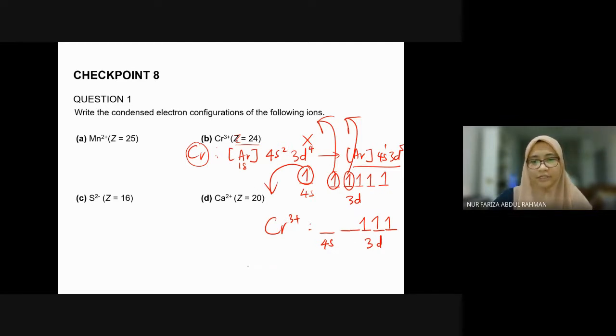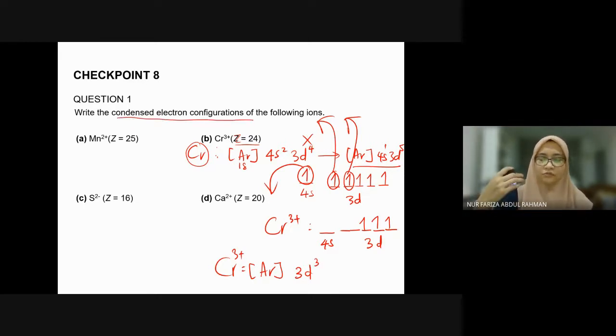So chromium 3 plus, the condensed electron configuration should be argon 3d3. Jawab soalan condensed electron configuration. This is just for us to nampak lah, clear view on how the electrons are being removed. So kita buat orbital diagram. Electron configuration, this is how it looks like.